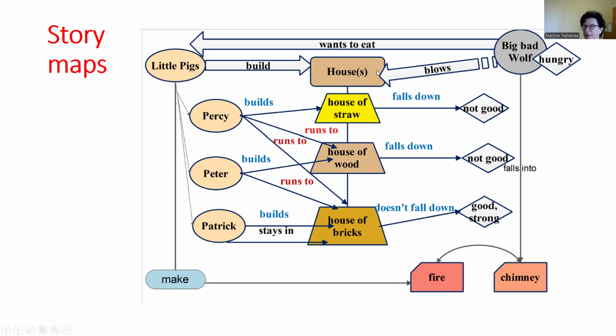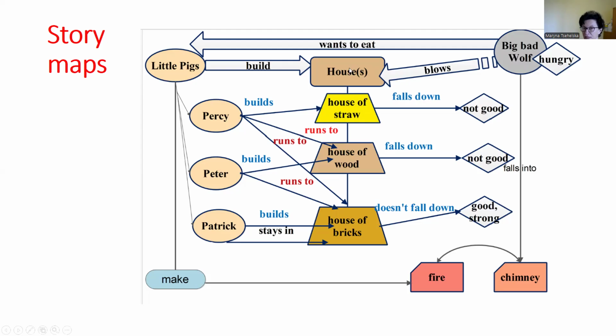Little pigs built houses. They built three houses: the house of straw, the house of wood, and the house of bricks. Or we can say there are three houses, there are three pigs, each has a house. Then the wolf blows the houses down.